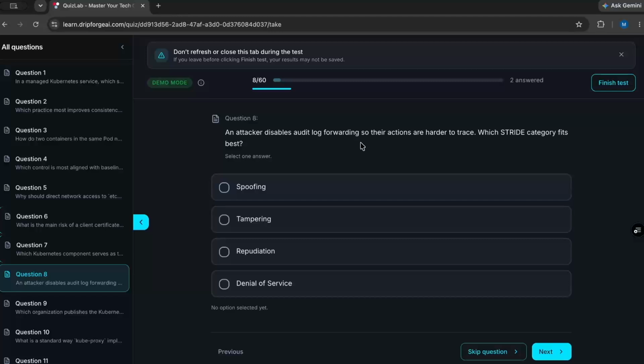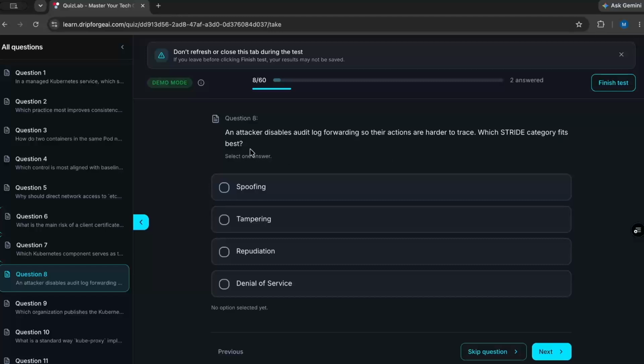So I have to pause and talk to you a little bit, so you also try to understand what goes through the mind when you are sitting in the exam, because remember, there is going to be time pressure. So an attacker disables audit log forwarding, so their actions are harder to trace. Which STRIDE category fits best?